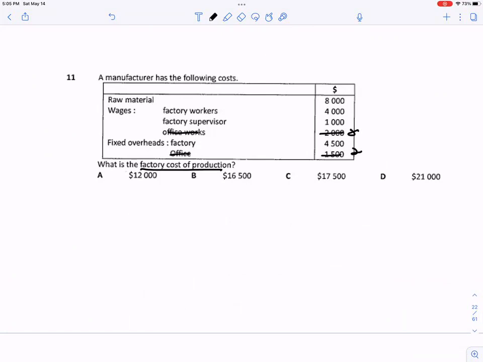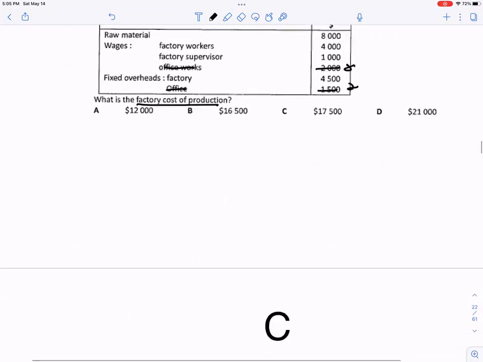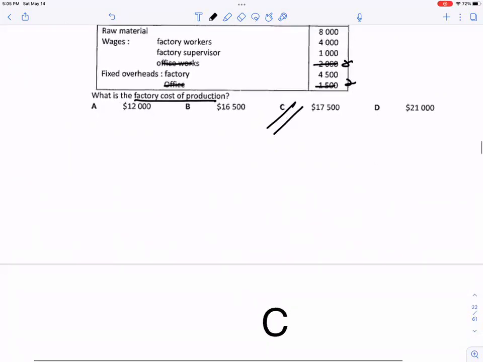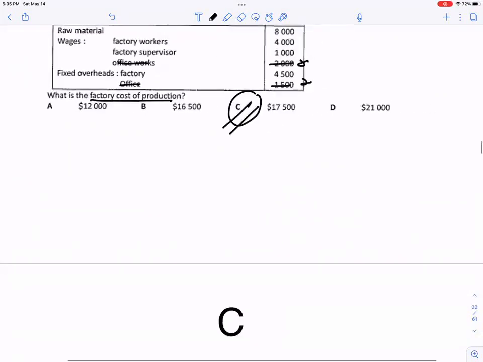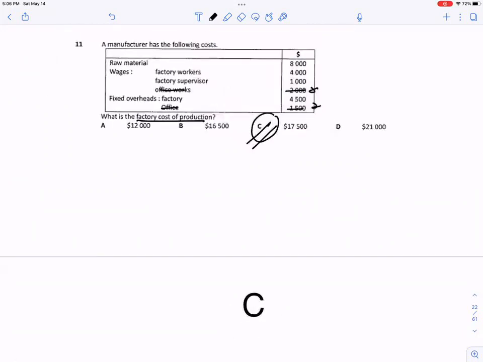The answer is C, 17,500. 8,000 plus 4,000 plus 4,500 gives you 17,500.